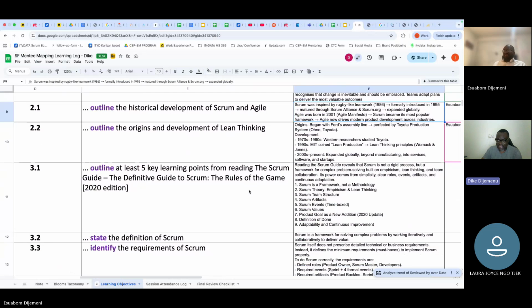Then we have the artifacts, which we'll look at as the product goals, sprint goals, and co. You have your Scrum values, your product goal added as new, and the definition of done, of course. You said 5, but I highlighted all the ones I saw.